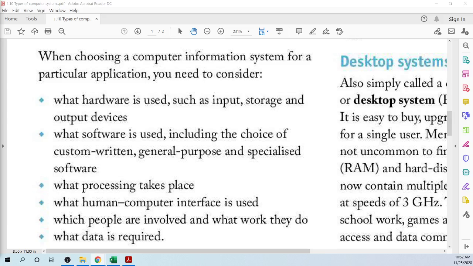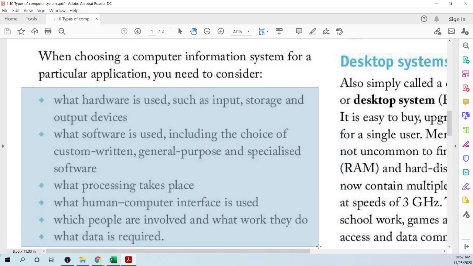So, as we would have learned so far, when choosing a computer information system for a particular application, whether that be in a factory or in an office, you still need to consider all of these factors.